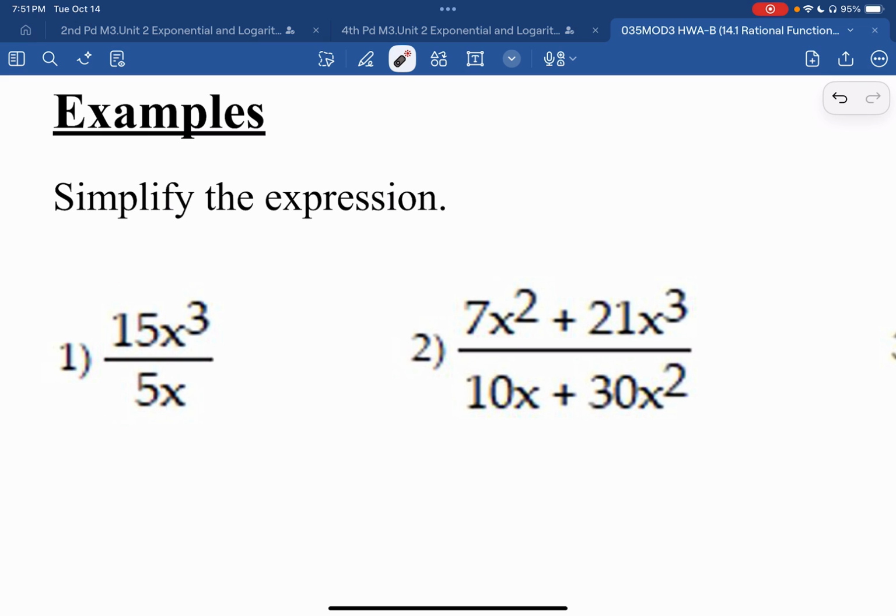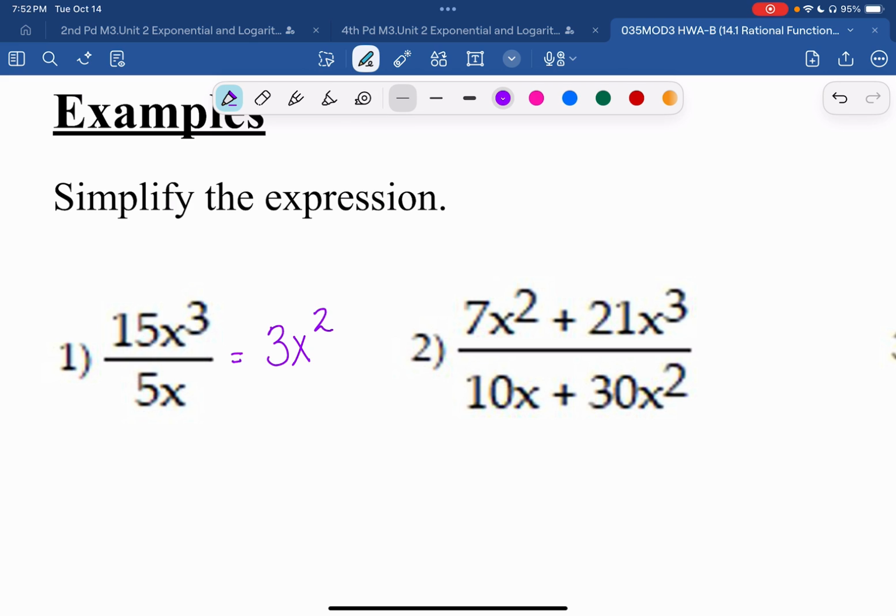Well, if I think about 15 divided by 5, that just leaves me with 3. And then if I look at my x's, I've got x to the third over x. So that means that I've got 1 x I can take out, and that leaves me with just x squared on the top. So I've got 3x squared. Final answer.